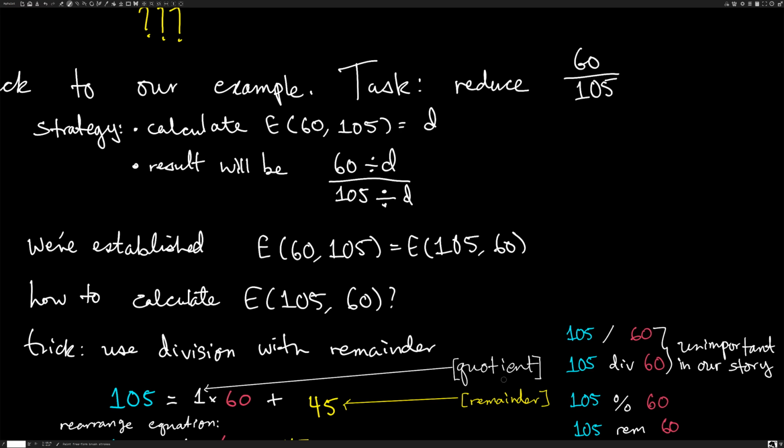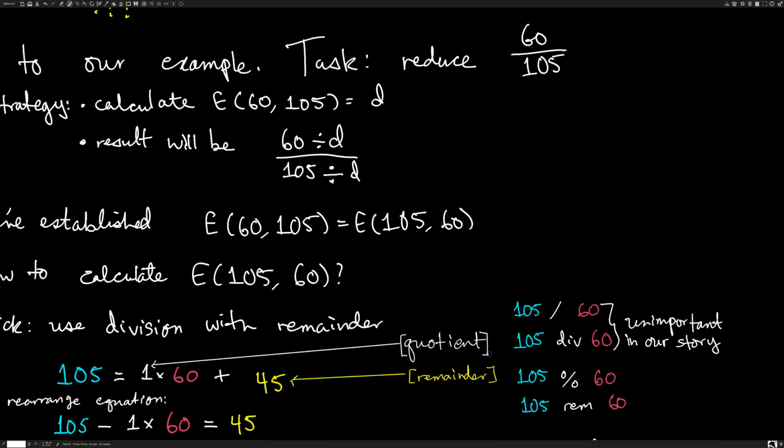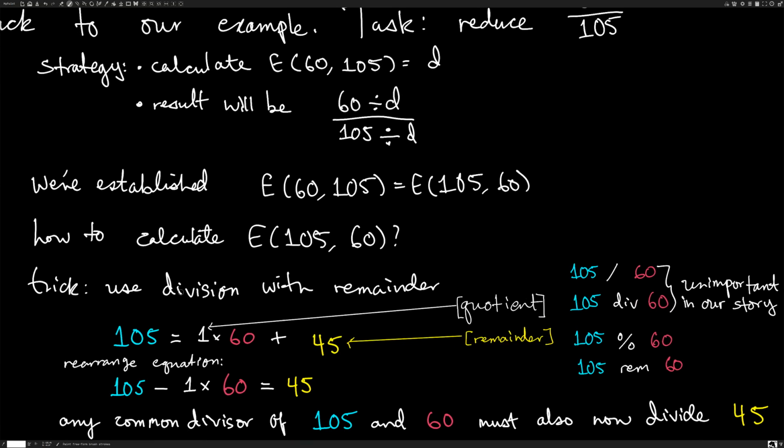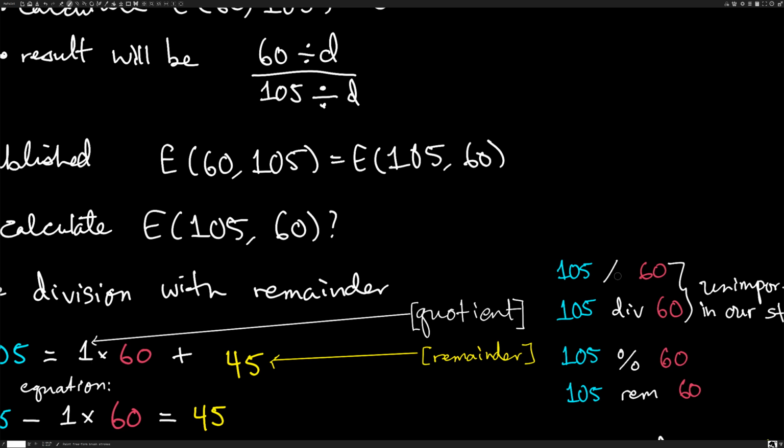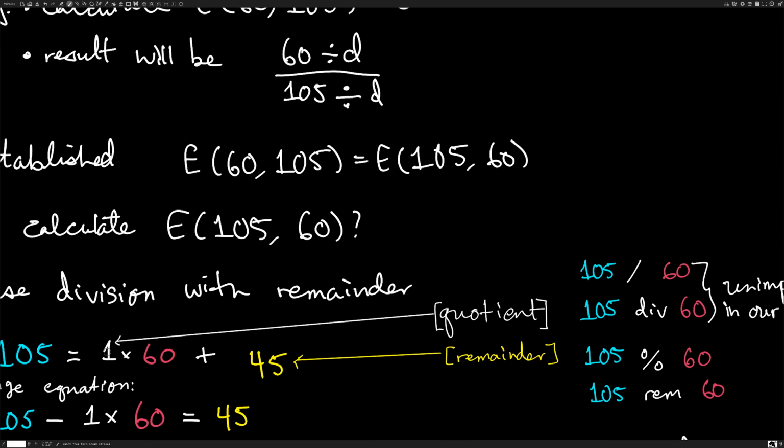Now 1 in this case is called the quotient. I wrote that it's unimportant in our story. It'll actually be important when we're proving fact star, so for now it's unimportant. Our trick is to use division with remainder. If you've done programming, this is the integer division of 105 by 60, which is equal to 1.